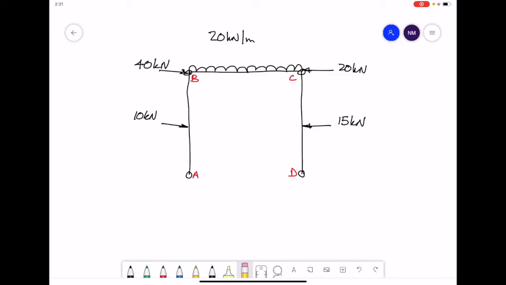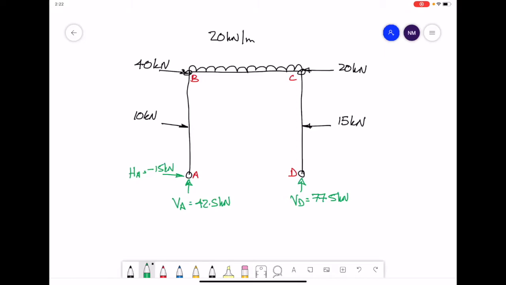Going back to our free body diagram, we're going to put the reaction forces on, and our VA value is 42.5 kilonewtons. Our VD value 77.5 kilonewtons, and our HA value as calculated is minus 15 kilonewtons.